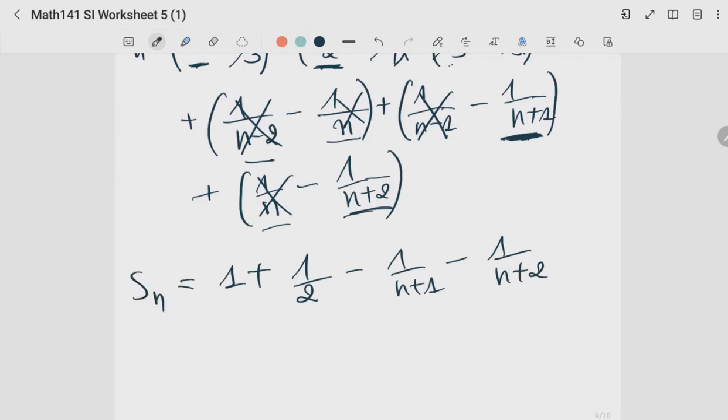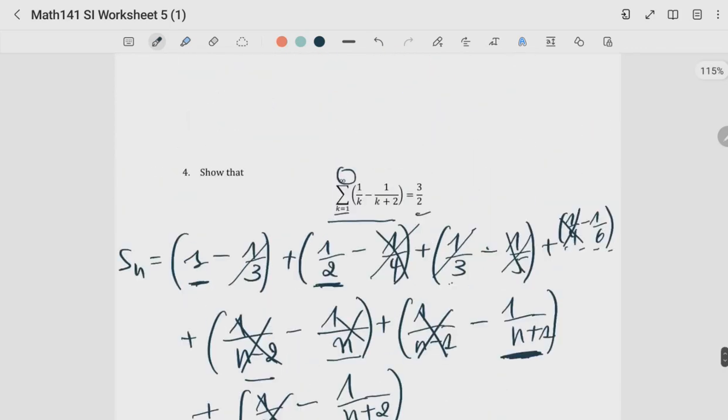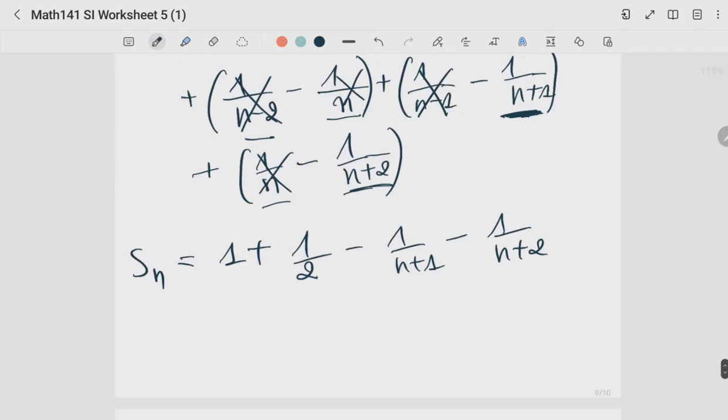Now, if you go even further, higher than n, closer to infinity, which is what we have there, what happens as n tends to infinity? As n increases and increases again, you'll see that this term will get closer and closer to 0. Same with that term as well, closer and closer to 0. And what does that mean?